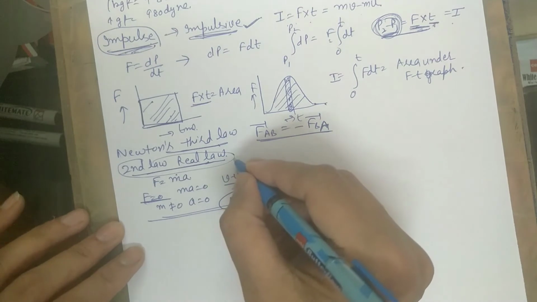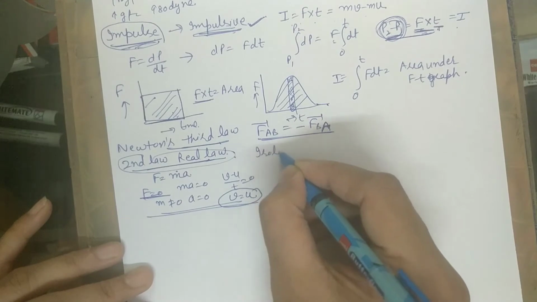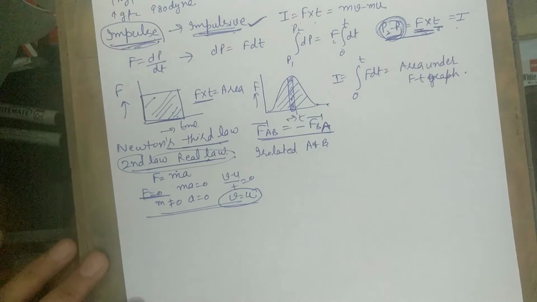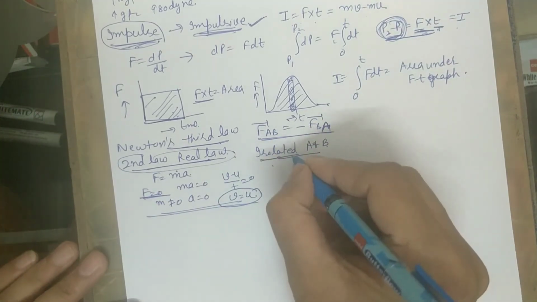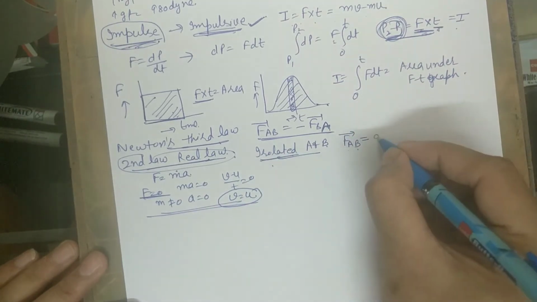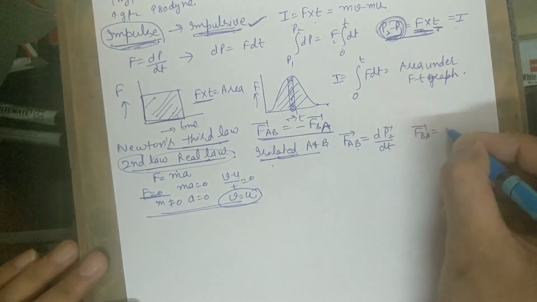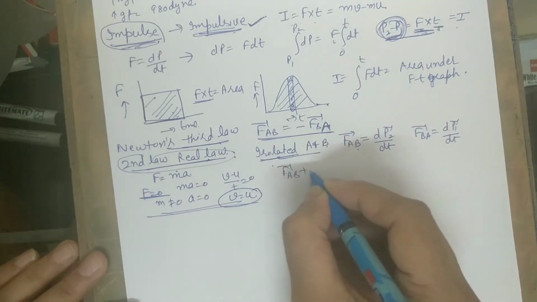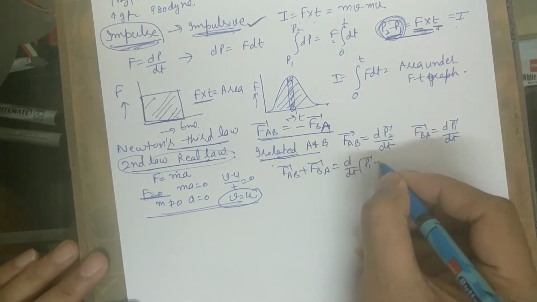And from this law, how do we get the third law? If we say that we have an isolated system with two bodies, A and B, and we say that there is no external force because the system is isolated, but A, due to mutual interaction, affects B, changing the momentum of B, then B affects A, changing the momentum of A. If we consider it as F_AB plus F_BA, that is equal to d/dt of (P1 plus P2).